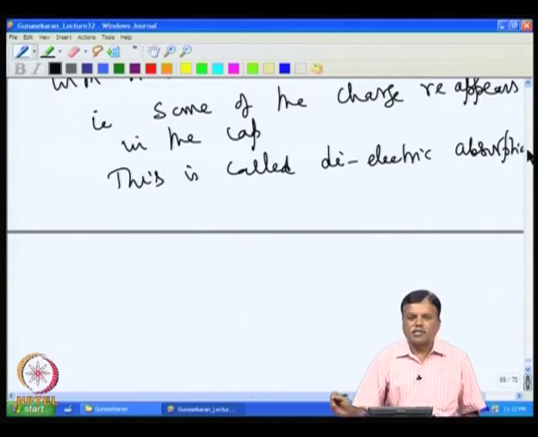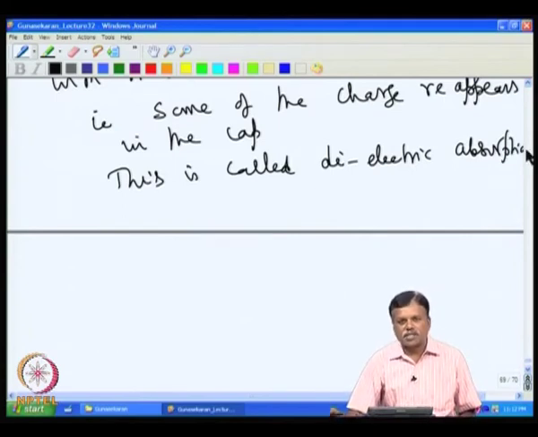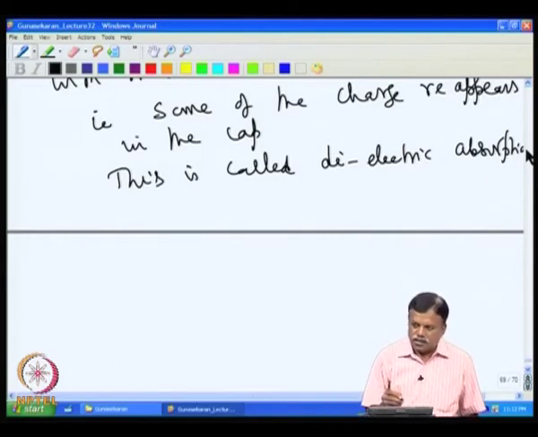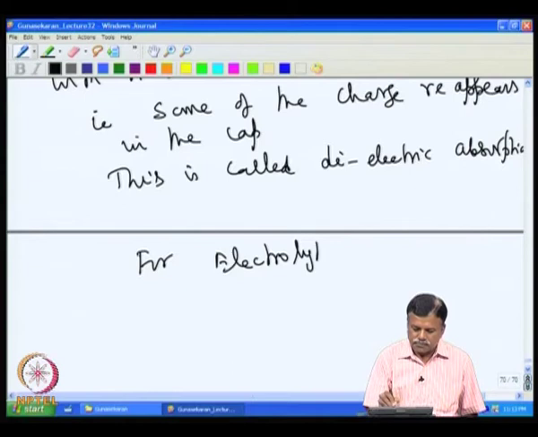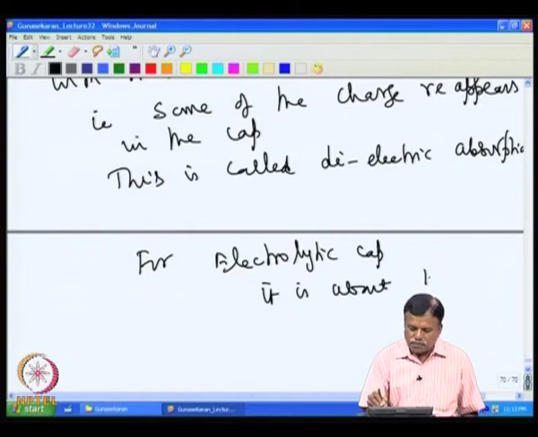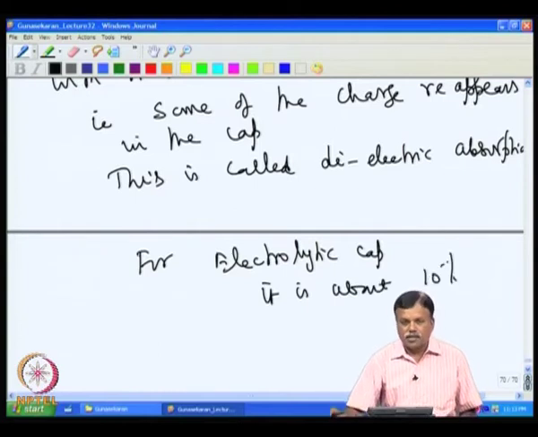For example, for an electrolytic capacitor, this is about 10%, and if you take a ceramic, this will be around 1% level. For electrolytic capacitors, it is about 10%. 10% of the original voltage will reappear.